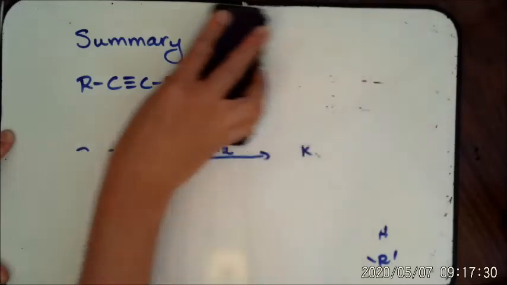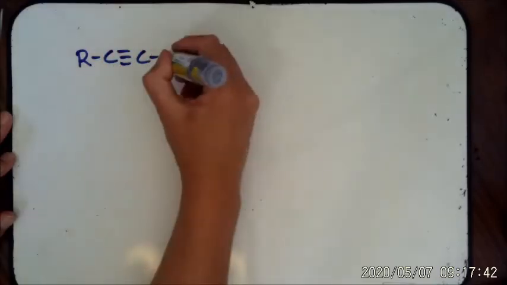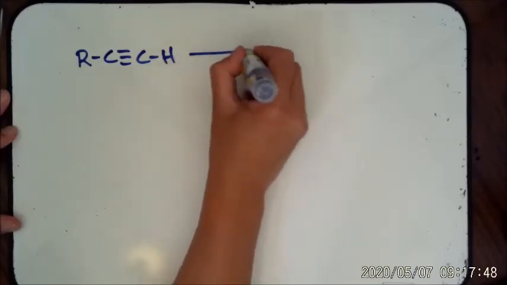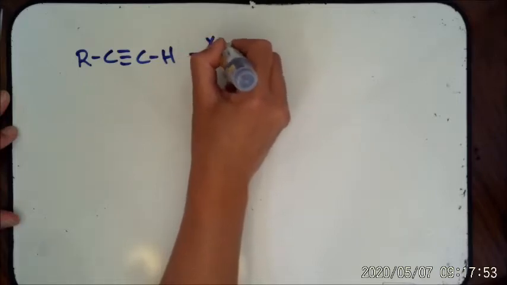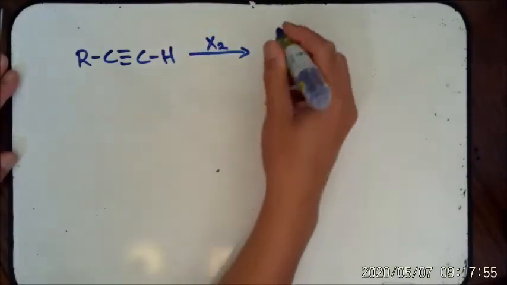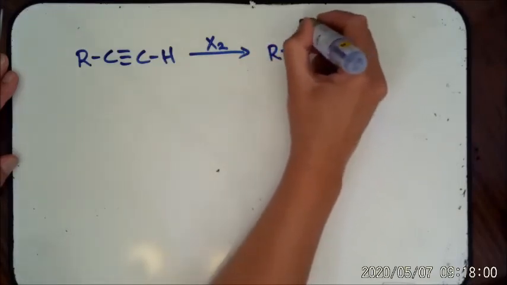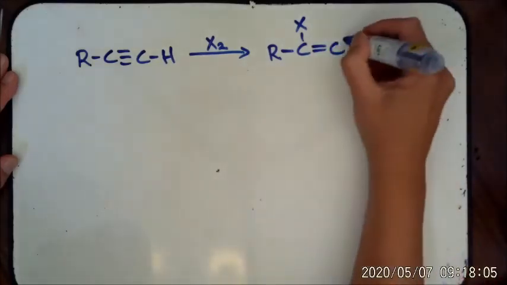Then we talked about addition with your halogens and your hydrohalides. So if I take my alkyne, and I'm going to give you a terminal alkyne, I add in one equivalent of a halogen, so we're talking about chlorine or bromine, you'll just form your alkene.